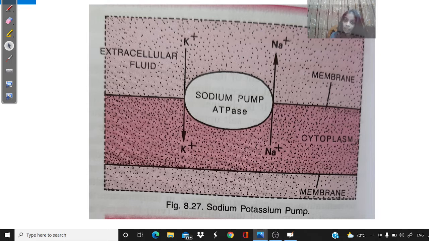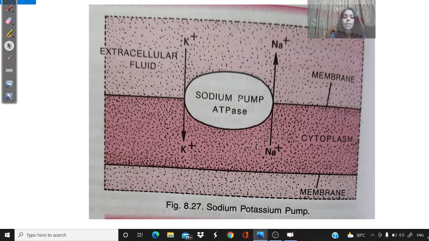Inside the membrane, there is a higher negative charge, and outside the membrane, there is a higher positive charge. This is called resting membrane potential. It is true for nerve fibers, it is true for muscle fibers also. Because both nerve fibers and muscle fibers use this sodium potassium pump for transmission of either nerve impulse or impulse during muscular contraction.